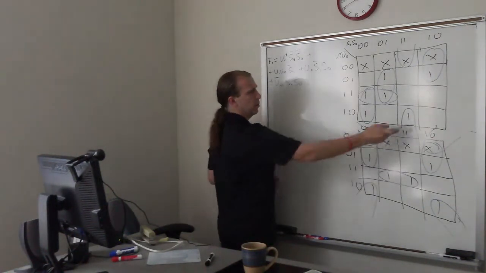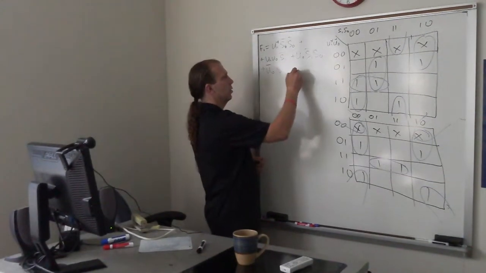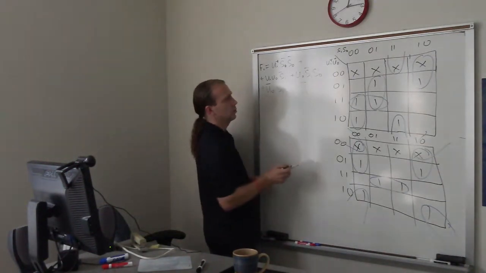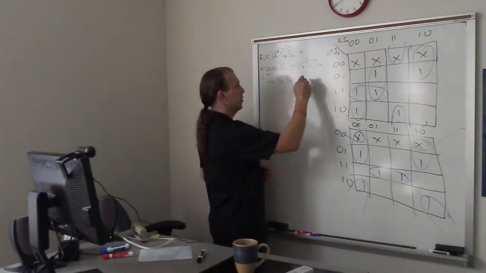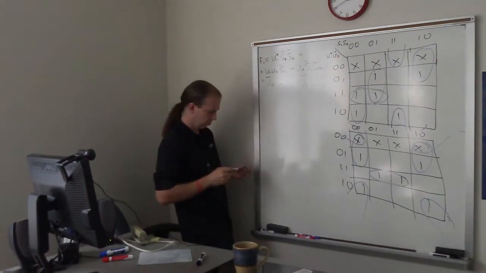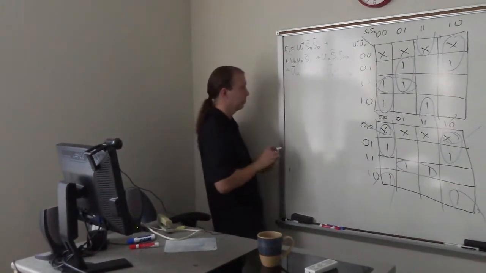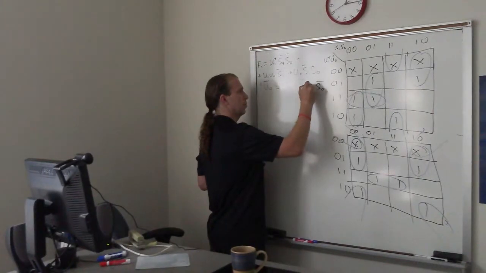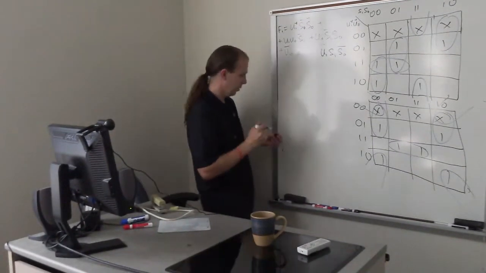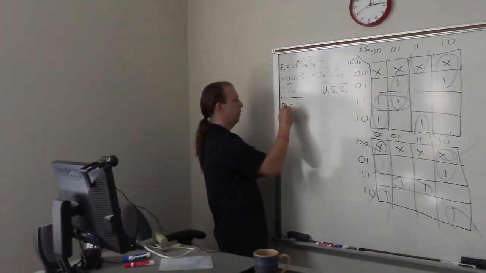And the last one is this cluster, which is U1 inverted and S1 as it is, S0 inverted. That's for F1. And for F2 we will have 4 terms.